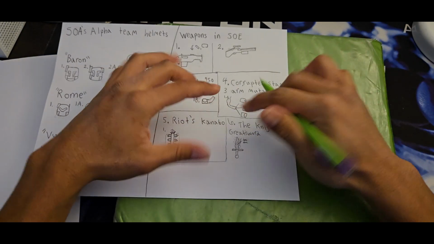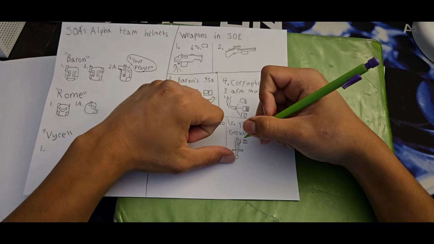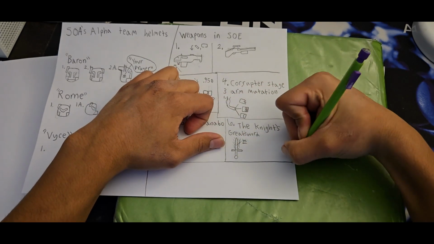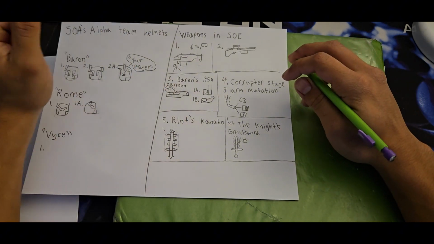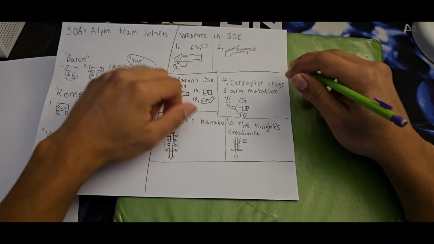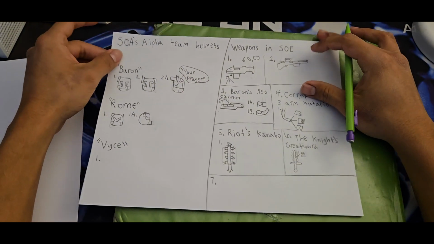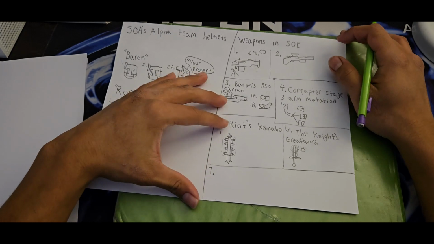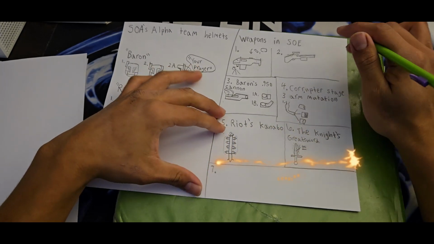But the Knight's Greatsword is an interesting weapon because it is basically just an oversized great sword. The one thing that is a little bit over the top and kind of childish is that it's able to cast flames, right? Not just engulf the sword in flames, but it's also able to cast flames in a direction. It has the ability to manipulate flames to its own will.